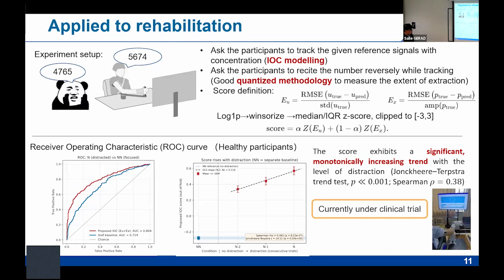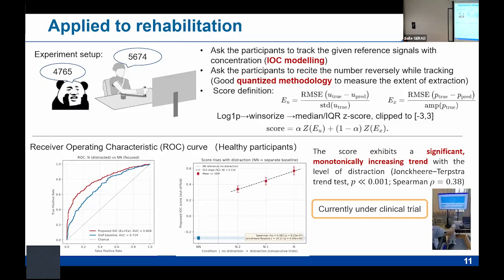So we apply it to rehabilitation. We ask the patients to track the given reference signal with great concentration, for example, 10 or 20 times, and we collect the data in which the patient is fully concentrated. Then we use this IOC to model the decision criteria, so we can build a model with full concentration.